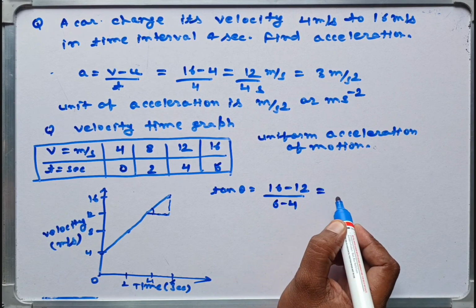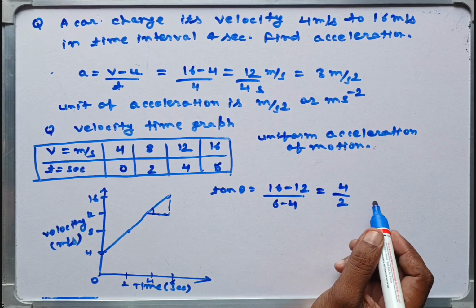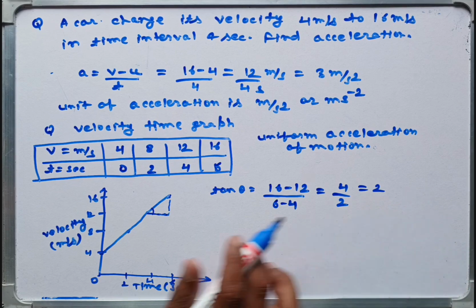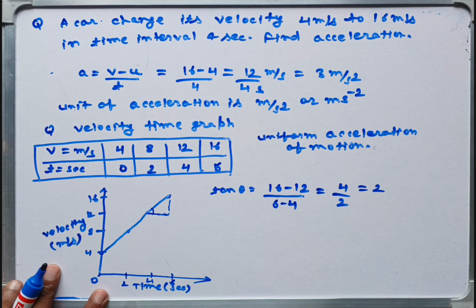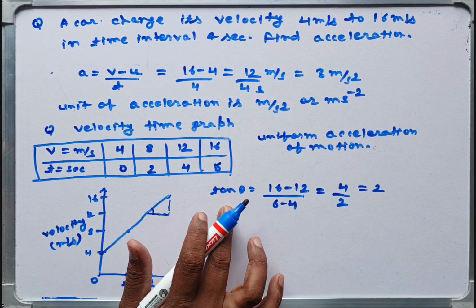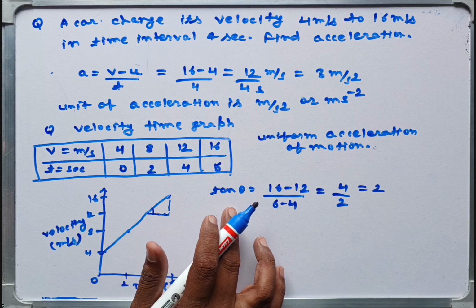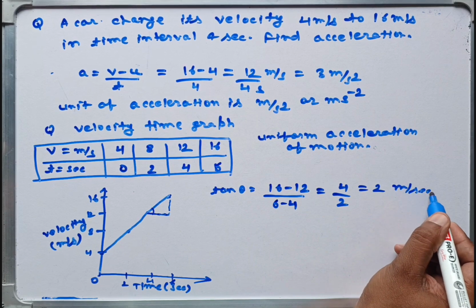So what you get is 4 by 2, or you can say this is 2. So guys, when the motion of a particle is given by a velocity-time graph, then this tan theta, or you can say gradient, is known as acceleration. Okay, so this is 2 meter per second square.